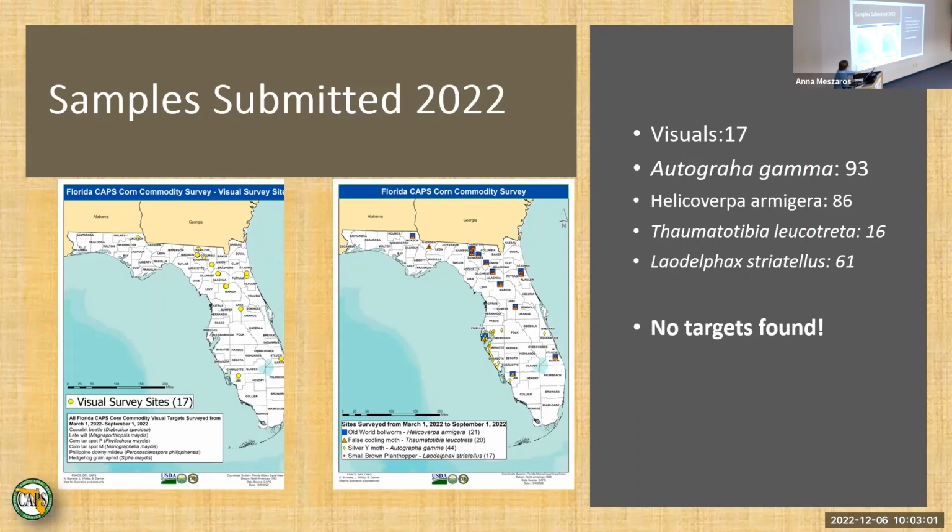For instance, I remember I sent about 10 different samples to Gainesville. They are not included in this report, but every week people are submitting samples to Gainesville, people working in north, central, and south Florida.